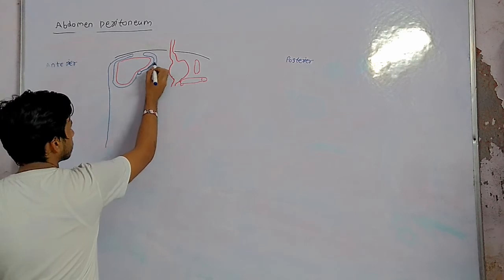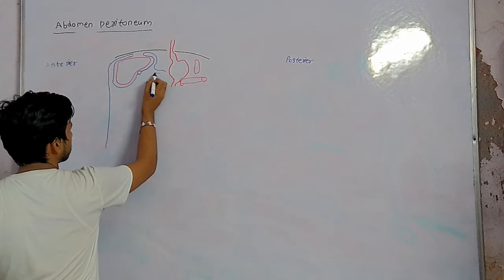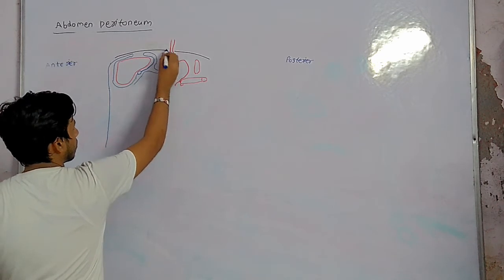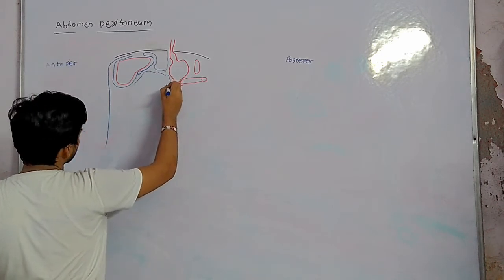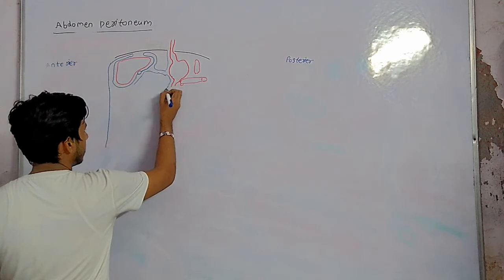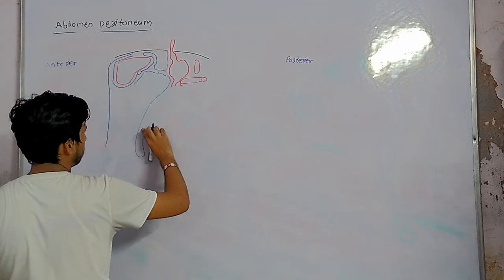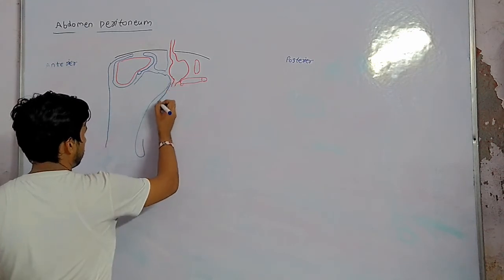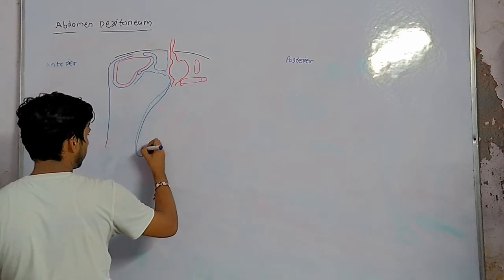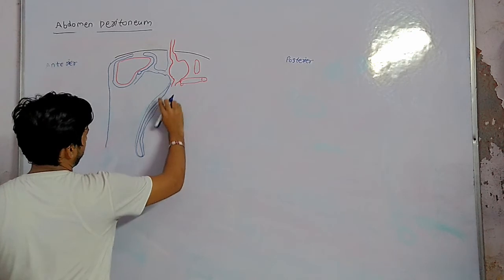So first it again forms the boundaries of the free margin and lesser omentum part. Then at the stomach, it comes anteriorly like this. A four-layer structure forms. How does this four-layer structure form?